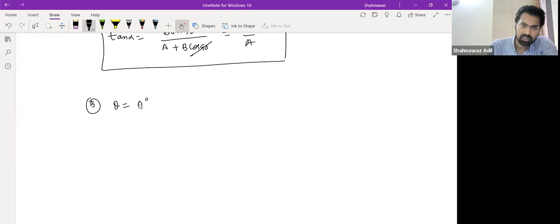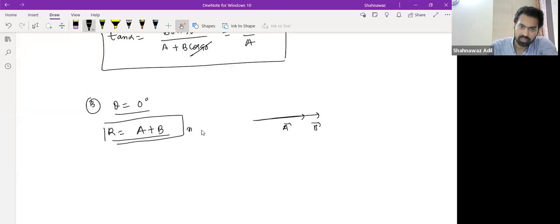0 degrees. For this case, the a vector and the b vector overlap. So theta is 0, and the magnitude is simply a plus b. This is the maximum magnitude of two vectors.